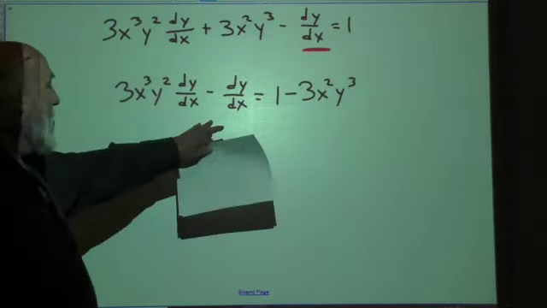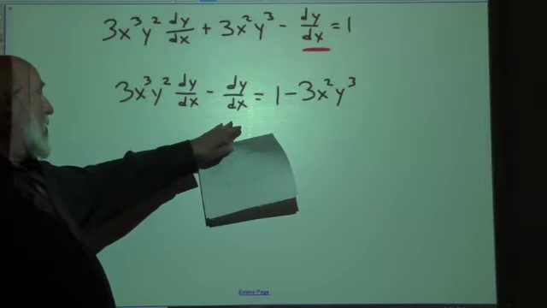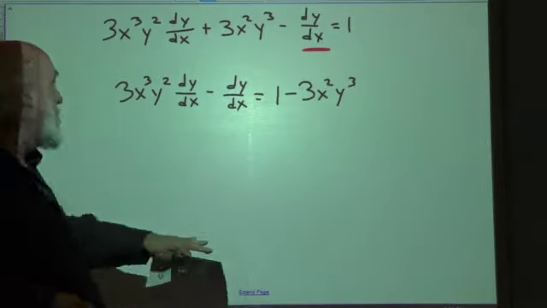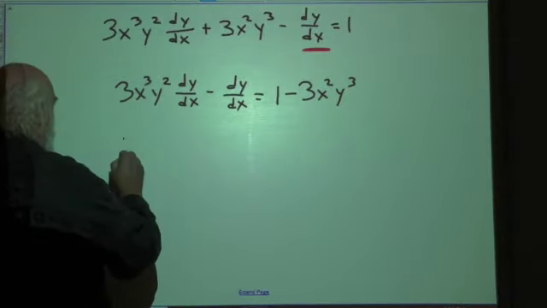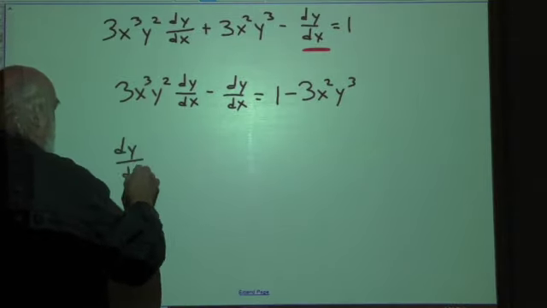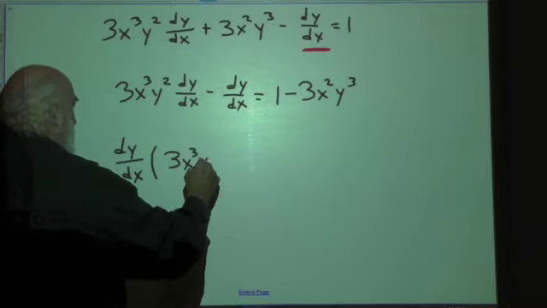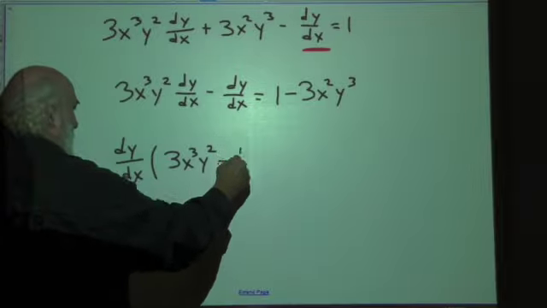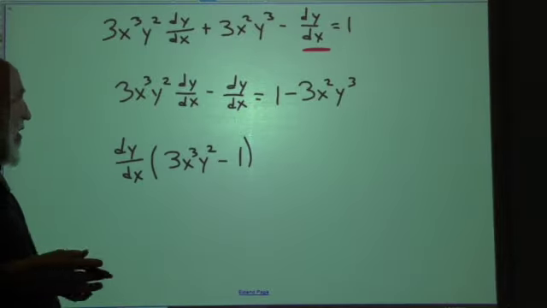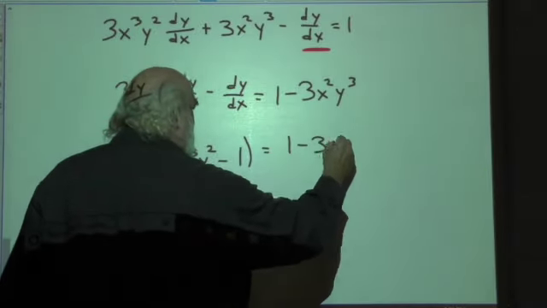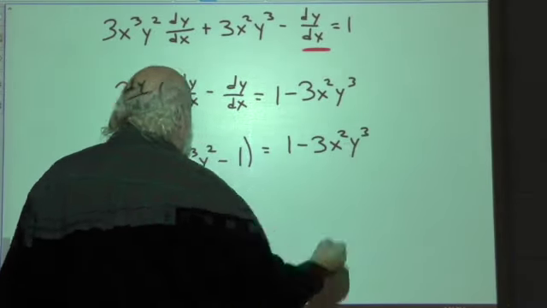Now I'm going to factor this out. Again, this is a cautionary note because this is negative 1 times dy dx. So when I factor dy dx out of here, you can easily see what this is, 3x cubed y squared, but this is a minus 1. So you've got to be careful on that. Equals 1 minus 3x squared y cubed.